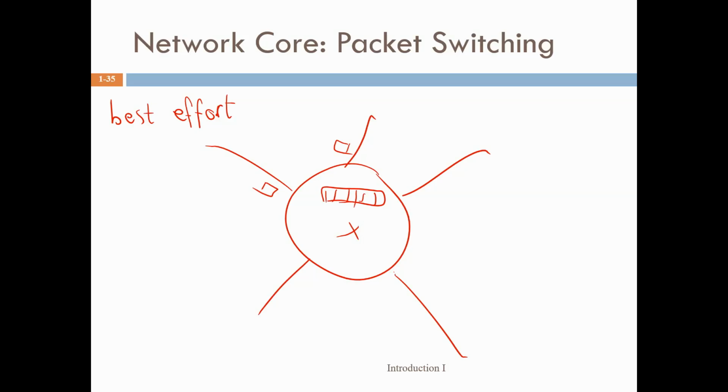So they cannot tell you, I'm going to give you this amount of megabits per second at this time. Because if they could give you this guarantee, then they would be reserving resources and doing circuit switching. Packet switching is not that. You get the resources as they are available. If you are the only one sending to the router, then you get the full resources of the router. If someone else is sending, then you have to share the resources of the router with that other device.